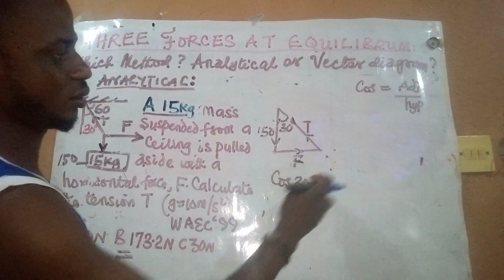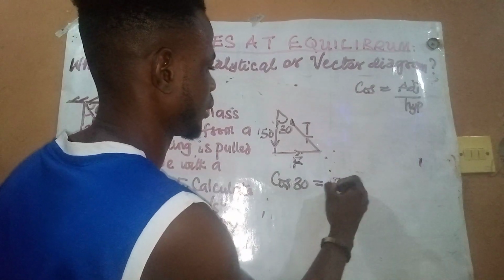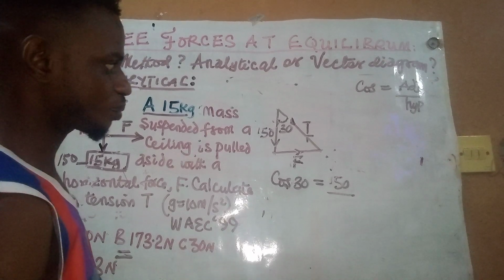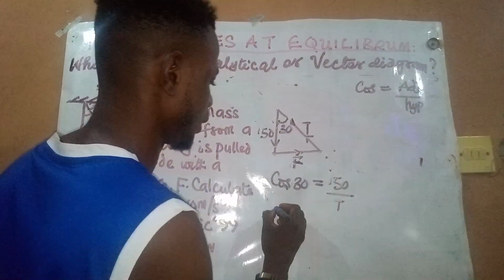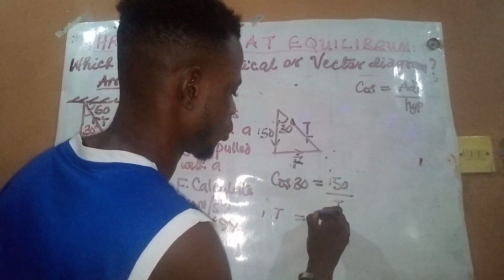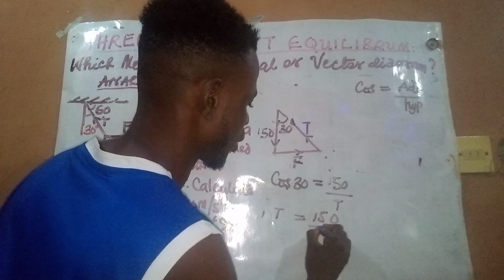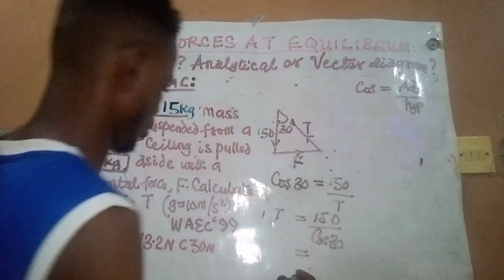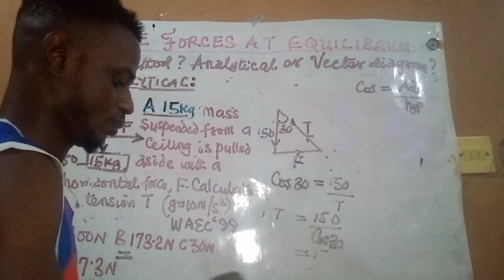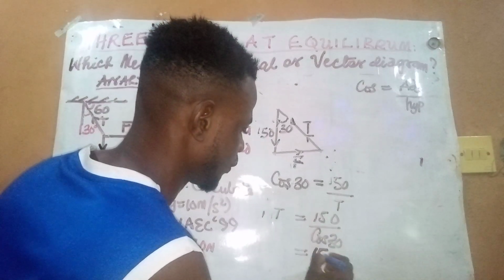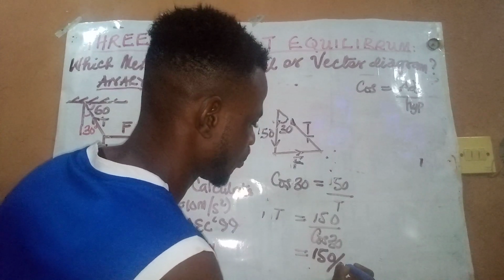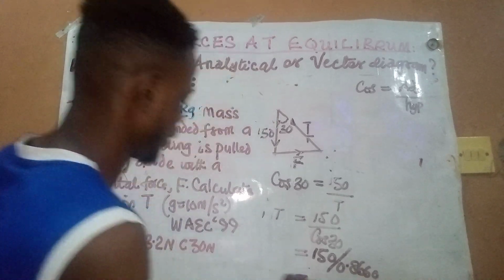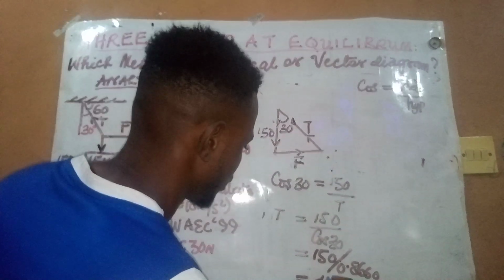Adjacent is 150 divided by hypotenuse T, so that T equals 150 over cos 30. That will automatically give us 150 divided by 0.8660, which gives us 173.2.